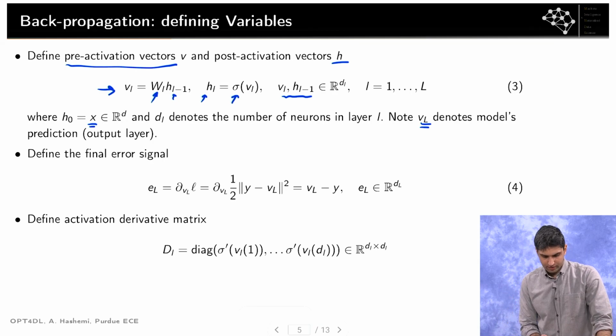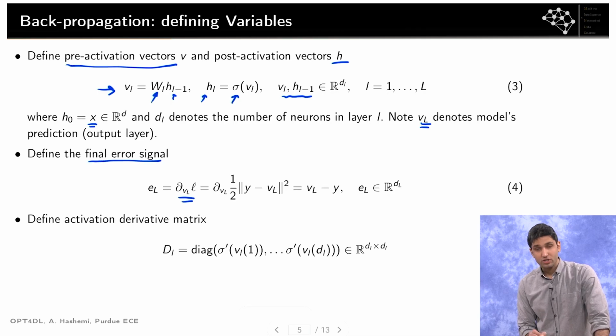Let's also define what I call the final error signal, and this is basically the partial derivative of the loss with respect to the pre-activation of the last layer, so basically with respect to the output, the prediction of our model. Okay.